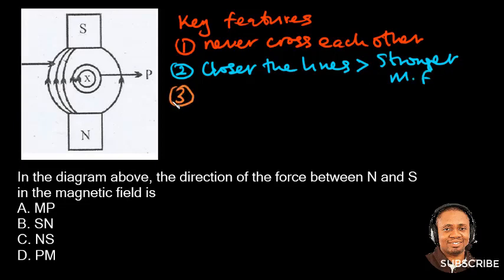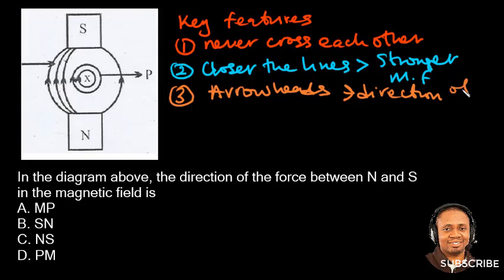Then the third observation is that the lines have arrowheads to show the direction of the force exerted by a magnetic north pole.